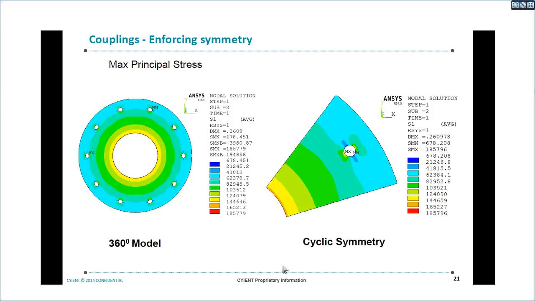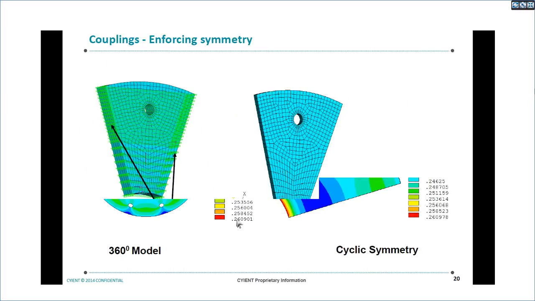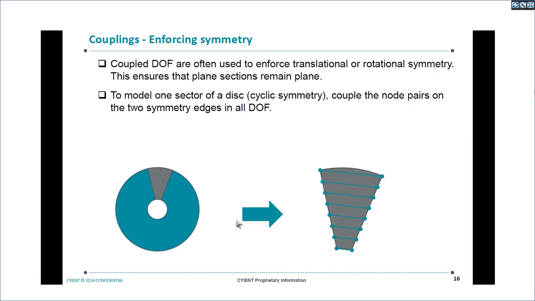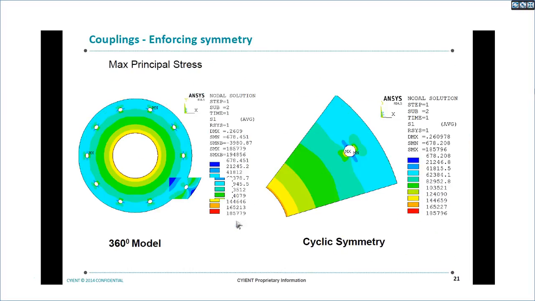If you see the stresses here, we got 185 KSI. Yes, 185 KSI, it is in KSI.